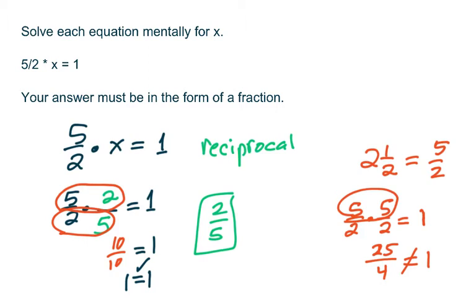So when I tested this, I can see right away that this answer can't be true, because 2 1/2 is equal to 5/2, and when I test 5/2, that turned out to not be equal to 1. So that tells me that this answer should not be one of the answers that I choose.